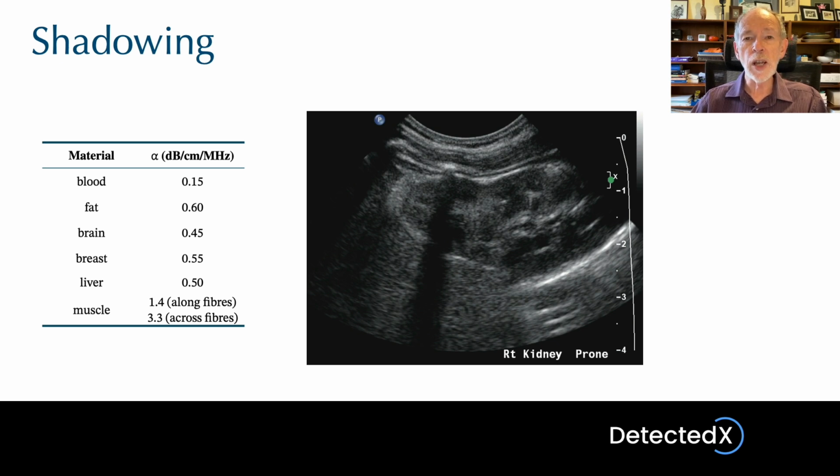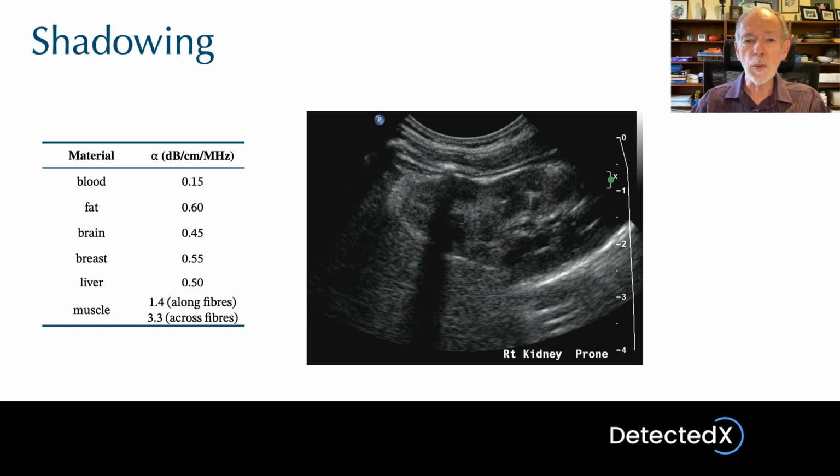Now notice that the shadow is parallel to the ultrasound beam. This is, of course, exactly the same as if you have a shadow cast by the sun. The shadow will always be directed parallel to the sun's rays. This, of course, gives you an easy way to check if it is an artifact. You can move the probe around and see if the shadow moves so that it is always parallel to the beam direction.